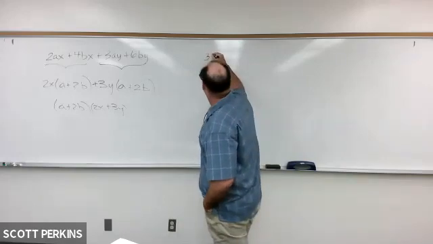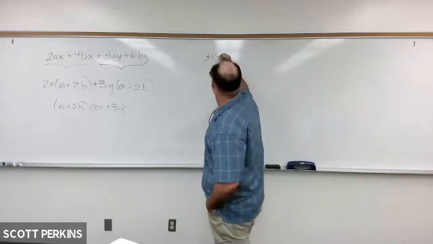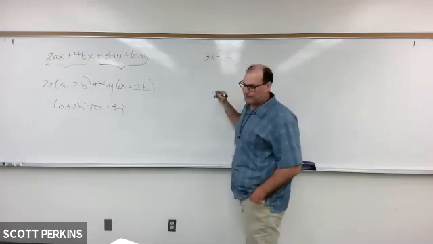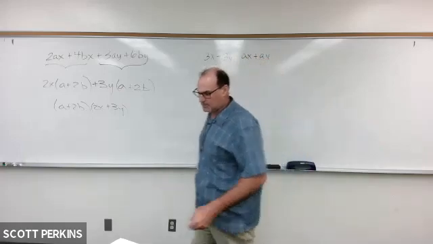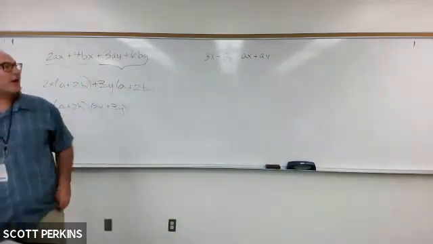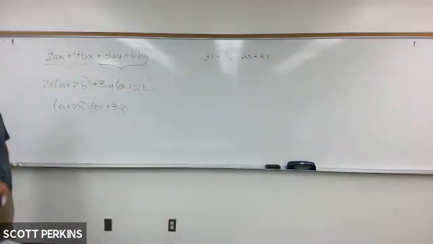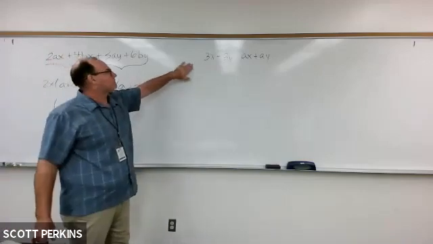So here's my example to help us look at this. 3x minus 3y minus ax plus ay. Again, simple terms because I want us to notice something about the structure of this problem.